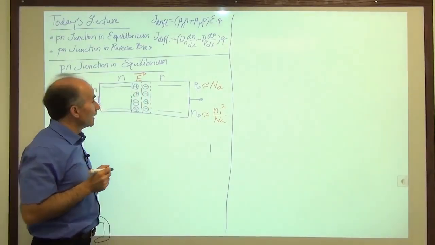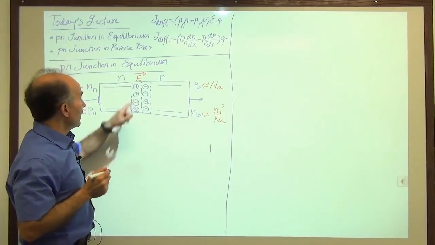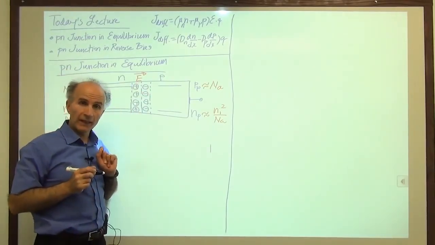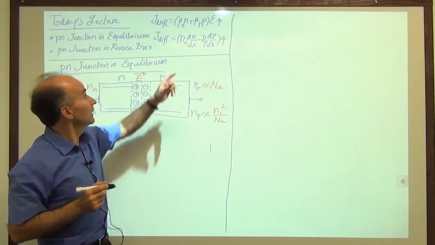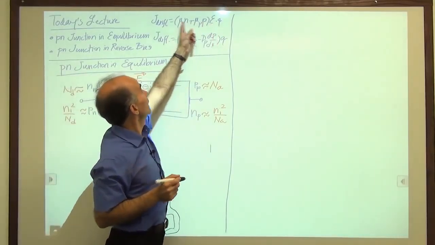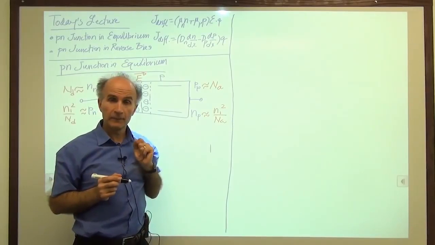Okay. Now, because we have an electric field, we have a drift current. Remember that associated with an electric field, we have a drift current.